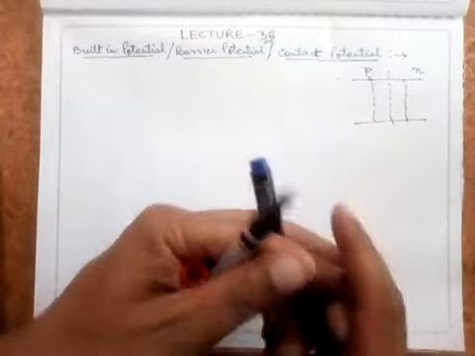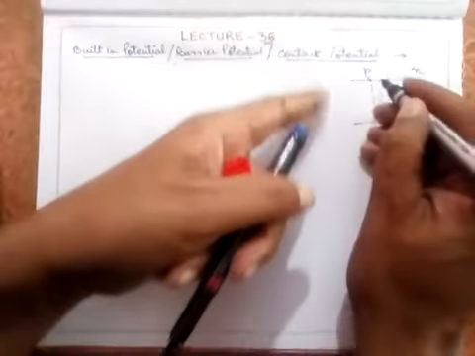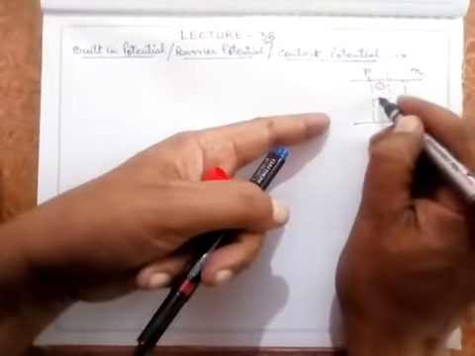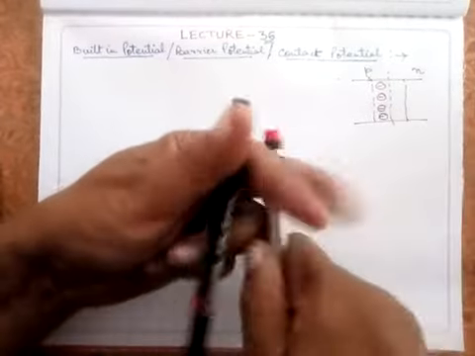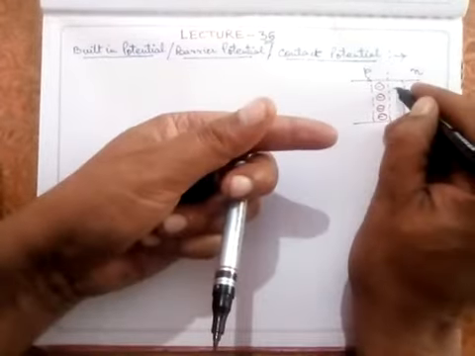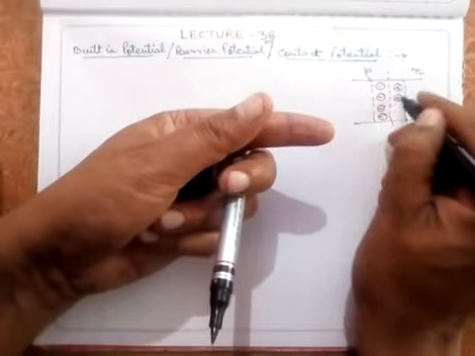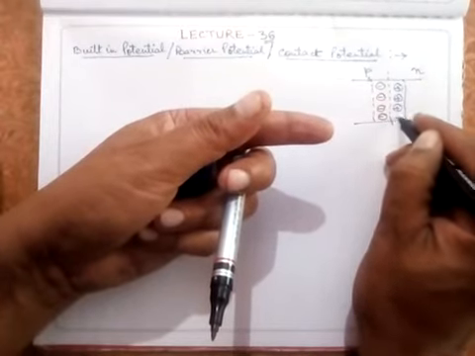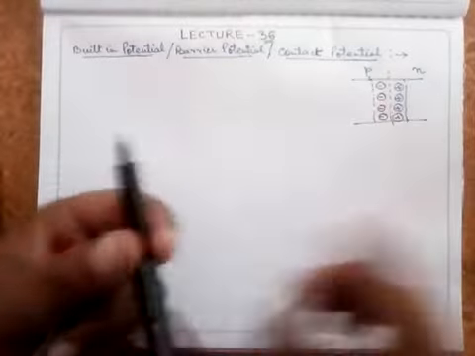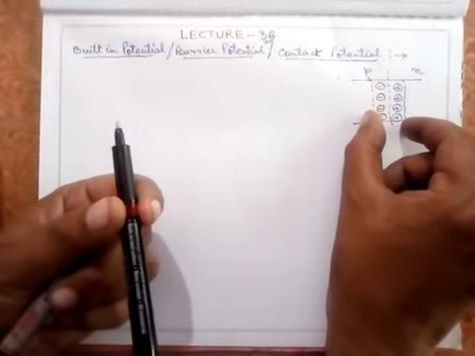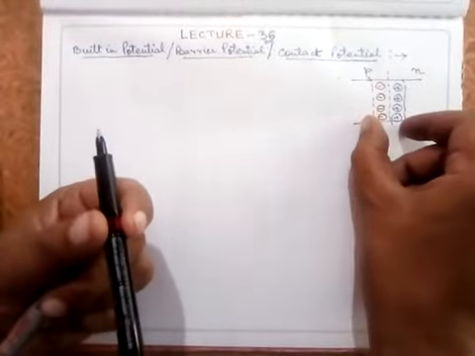Of course, on the P side you have these negative acceptor ions, and here you have the positive donor ions. And I am interested in this voltage, this built-in potential, or contact potential, or barrier potential here.